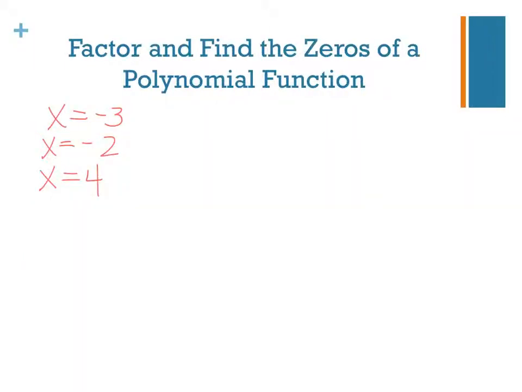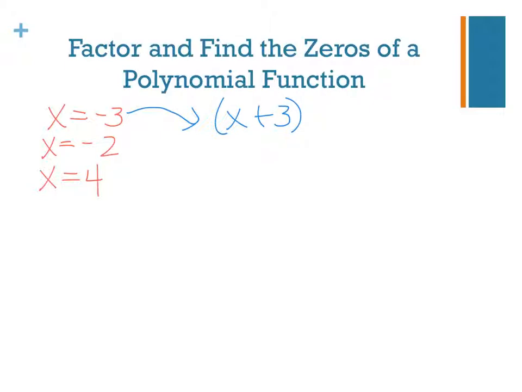Okay, so on the last slide we decided x equals -3, x equals -2, and x equals 4 were the zeros of our polynomial function. Now, if x equals -3 is a zero, that implies that x plus 3 is a factor. Now, how do I know that?